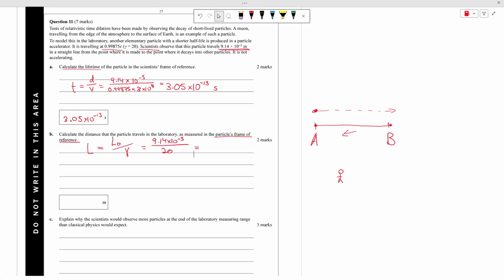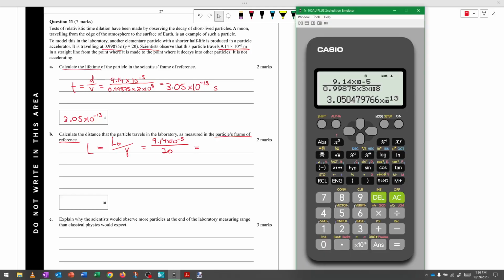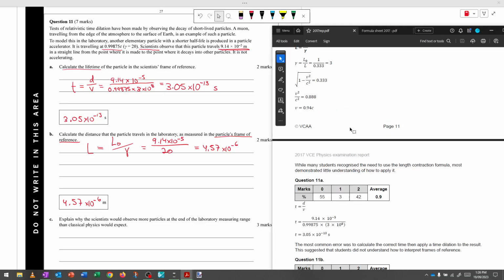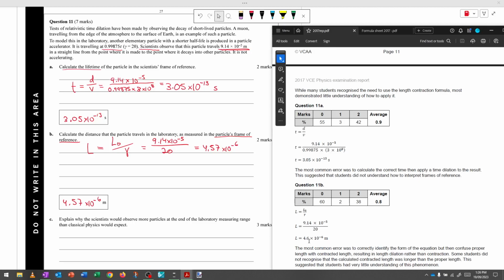So that's going to give us 9.14 times 10 to the negative 5 over 20, which is 4.57 times 10 to the negative 6. All right, there we go. Let's double check. Yep, 4.6 times 10 to the negative 6.